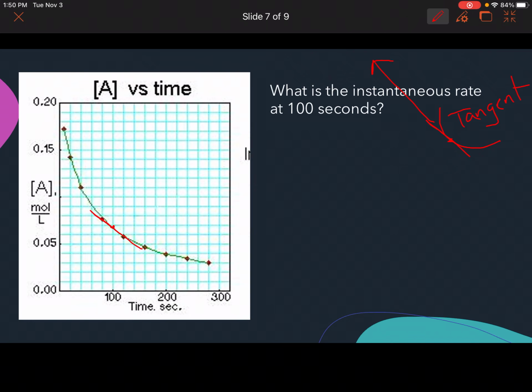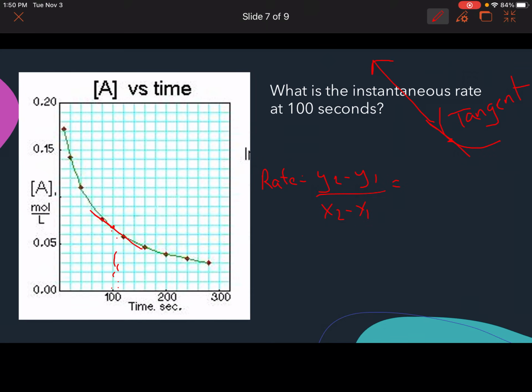So the slope of that line is what you're going to use to find the instantaneous rate at 100 seconds. So I'm just going to pick some easy points here. May as well just use 100. So the rate, again, is the slope, so y2 minus y1 over x2 minus x1.